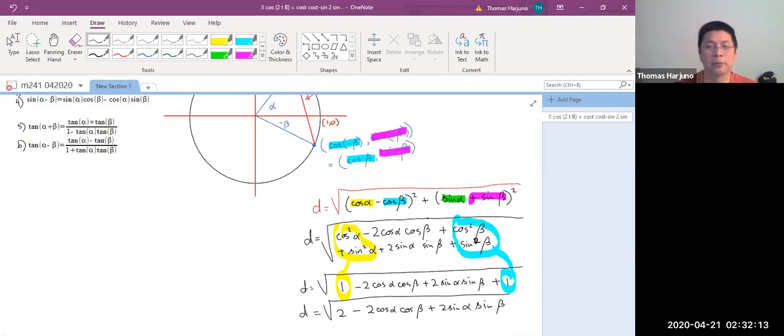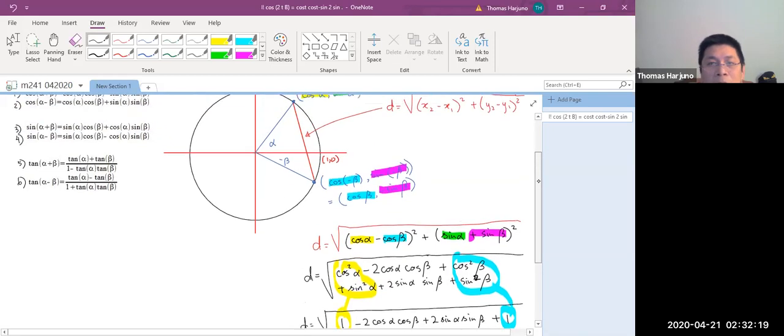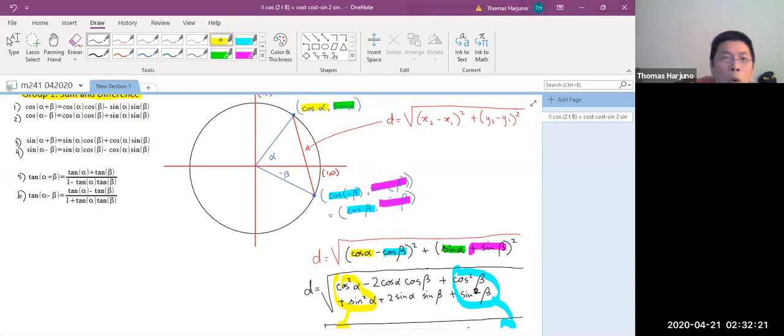Now this is the expression for the length of that segment. We usually call that the chord, the length of the chord from one point on the circle to the other point of the circle. This yellow chord here.